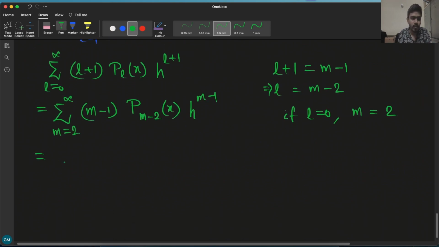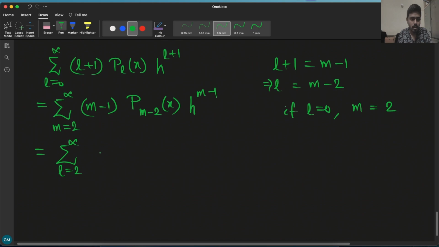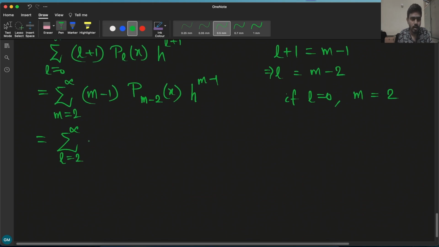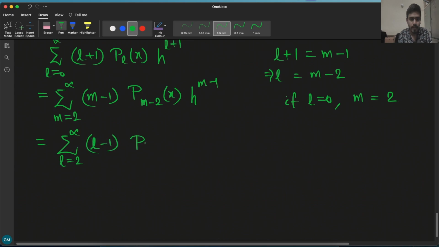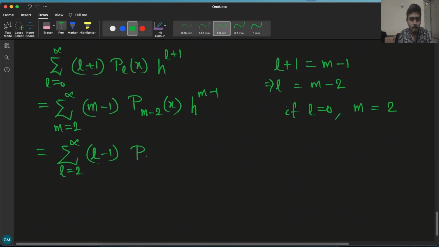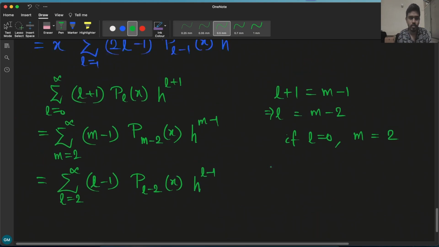And then as m is a summation index, I can just write l instead of m: (l minus 1) P of l minus 2 of x h to the power l minus 1.